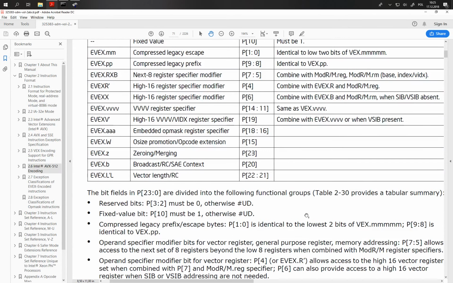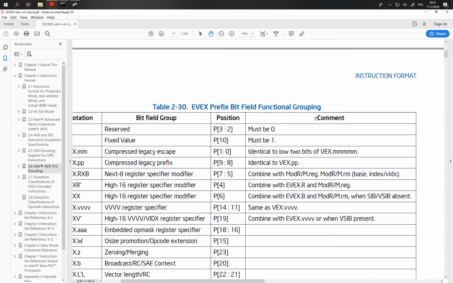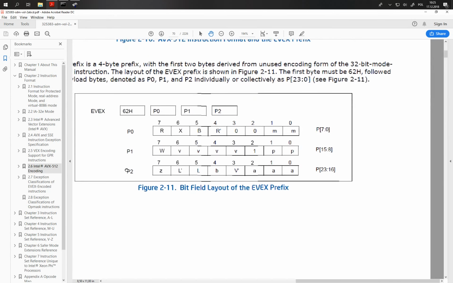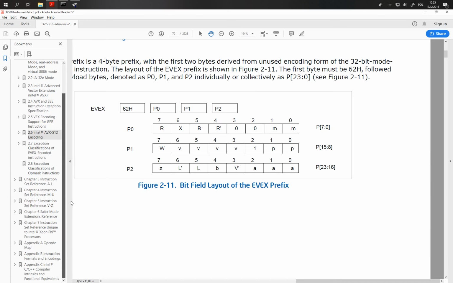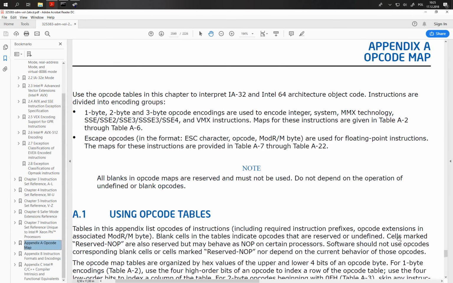And then there is EVEX. This time we are reusing code that was originally the BOUND instruction. We can find it in the table.